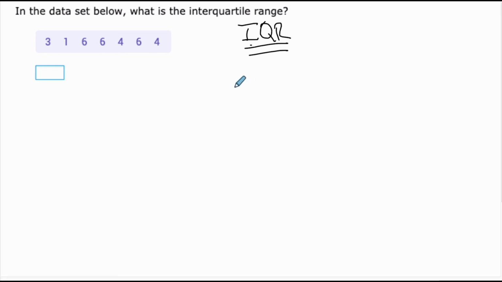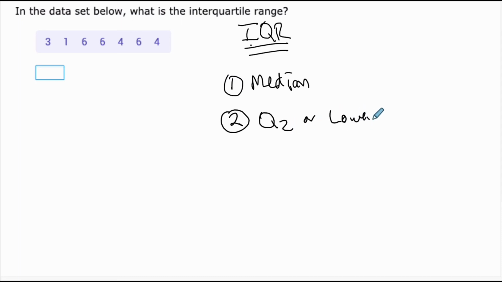And the way we do that is first find the median, the middle of the data set. Then step 2, find the middle of the lower half of data called Q2 or lower quartile. And then step 3 is find the middle of the upper half of data, sometimes called Q3 or the upper quartile.